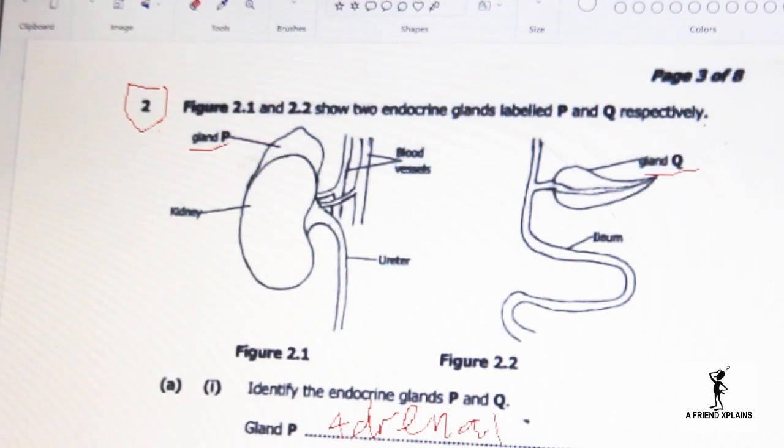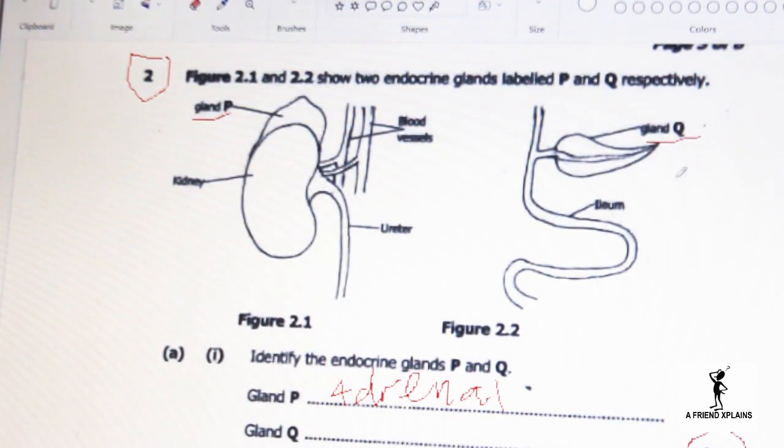Then what is Q? Since I'm told it's the ileum, this is coming from the digestive system.